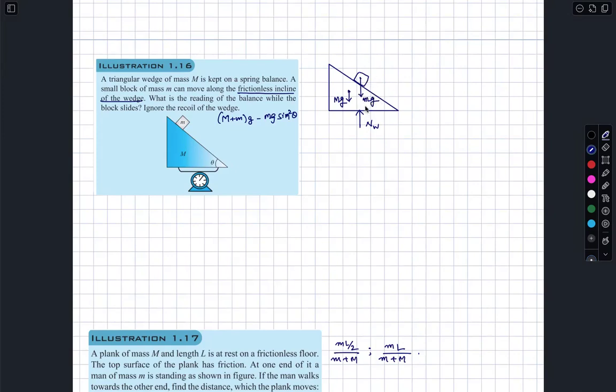These are the external forces acting on the system. This is the system actually, and this makes an angle theta. So the weighing machine reads N wedge.